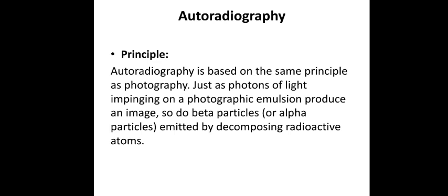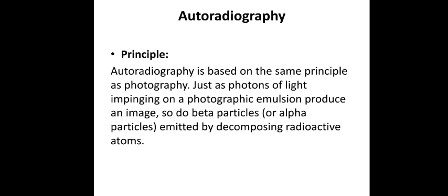Similarly here, beta particles or sometimes even alpha particles are emitted by a decaying radioactive element. This is exposed on a sheet, a particular emulsion film, and it reduces certain chemicals pasted on the photographic film. They change their state, which gives a latent image. Later on you can develop it.